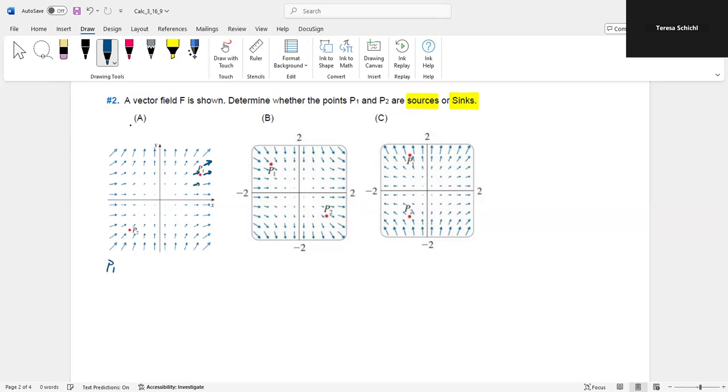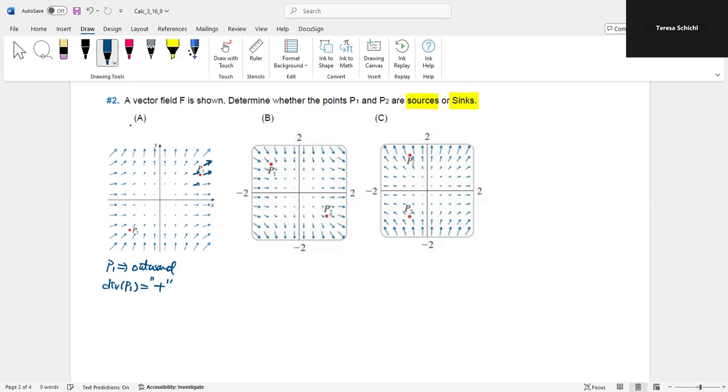This is the outward flow, so that means the divergence at P1 is positive.